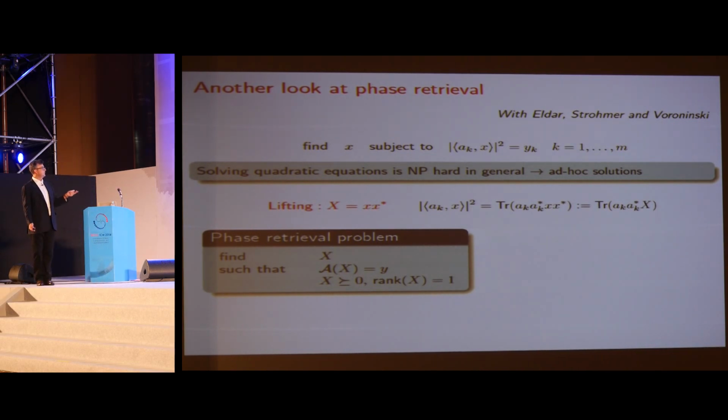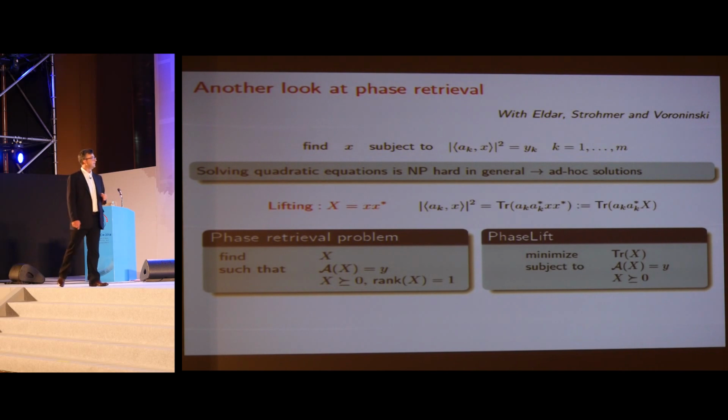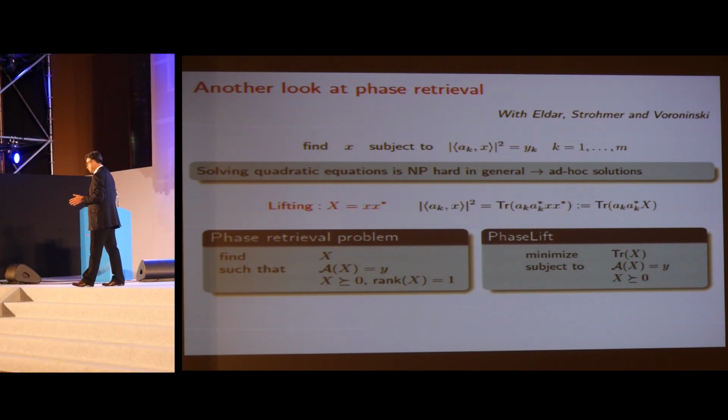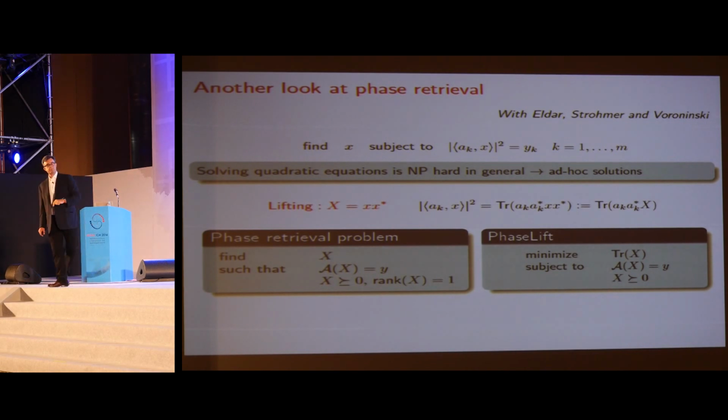Well, I can't solve this. It's still as hard as the original one because the rank constraint, I can't deal with it. So let's drop it. It's too difficult. Let's take a proxy for this. Let's minimize the nuclear norm, but because X is positive semi-definite, the nuclear norm is simply the trace. So let's minimize the trace subject to the same constraints.